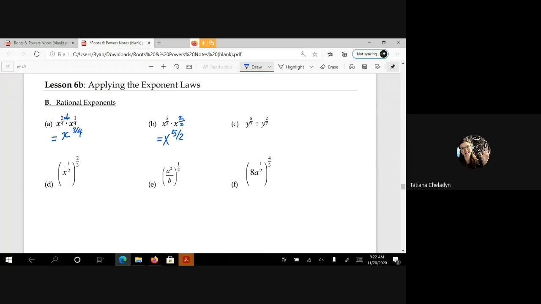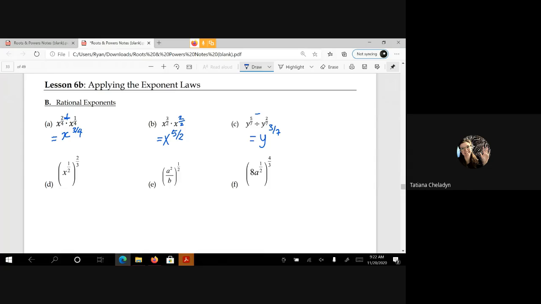All right. For C, we're dividing. So remember, we're going to subtract. y to the 5/7 divided by y to the 2/7. We're going to do 5 minus 2, which gets us y to the 3/7. Okay, let's do D. So we have x to the 1/2 to the 2/3.